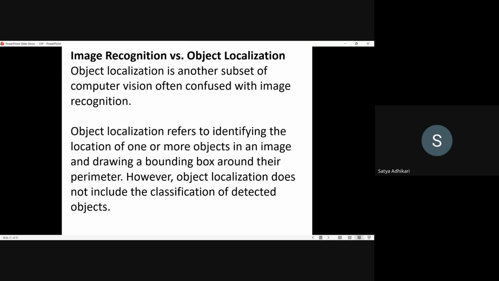However, object localization does not include the classification of detected objects. So it only identifies the location of one or more objects in an image and draws the bounding box around their perimeter.